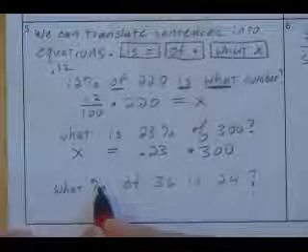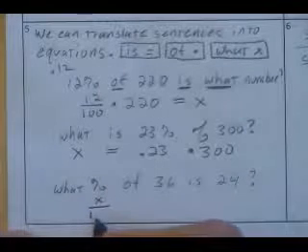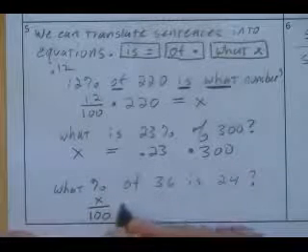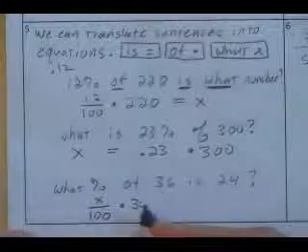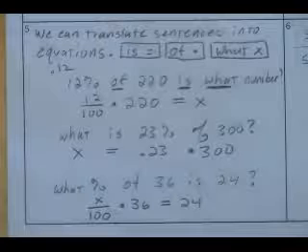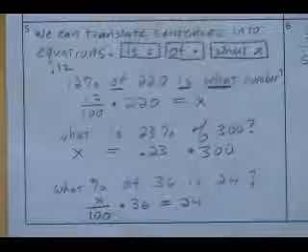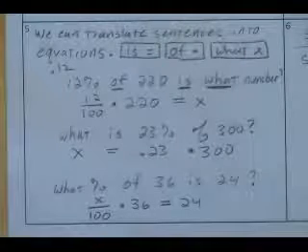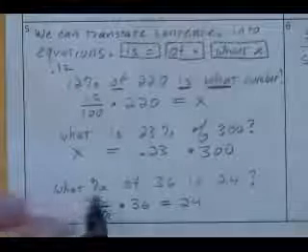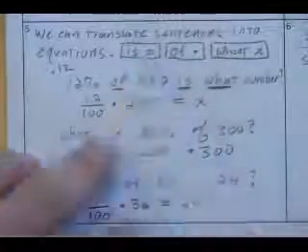So what divided by 100, of 36, is 24. Solve for x. Multiply both sides by 100, divide by 36, and you'll find what x is. So this is how you do it: what, of, is.